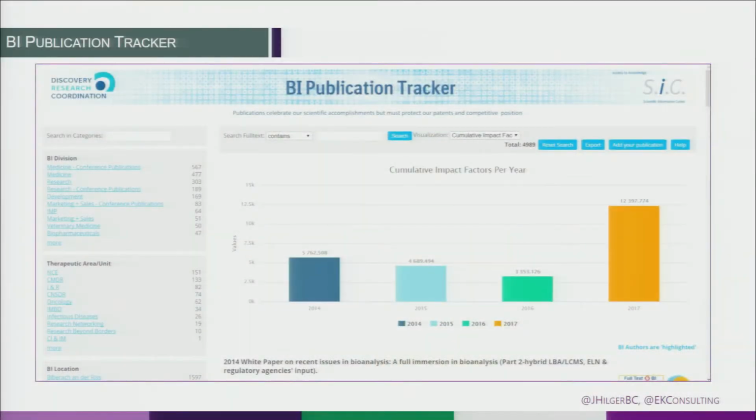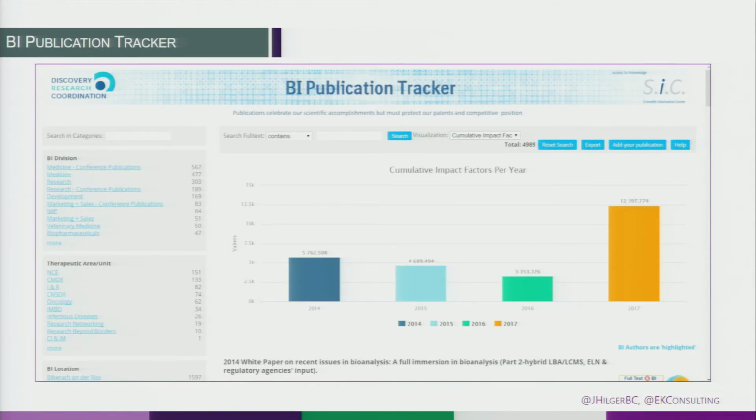So it's a sense of how valuable is this journal article, right? And then they wanted to know, based on location, topic, et cetera, how is this being used and how valuable was it? So what I'm going to do next is take you through a short little video showing what they built, and we'll talk through how it worked. So this is the BI publication tracker. This was the end system that they put together.